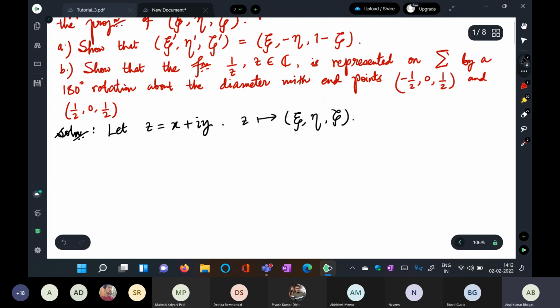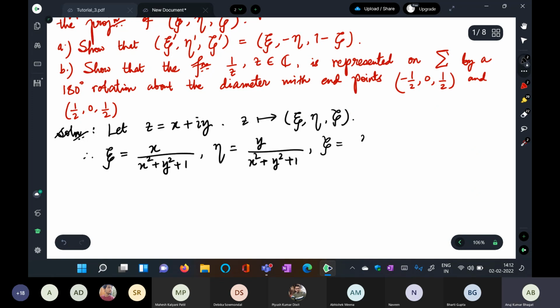What we know under the stereographic projection is the relation: this will be x by x square plus y square plus 1, this will be y by x square plus y square plus 1, and this will be x square plus y square by x square plus y square plus 1. I hope I have written everything correctly.